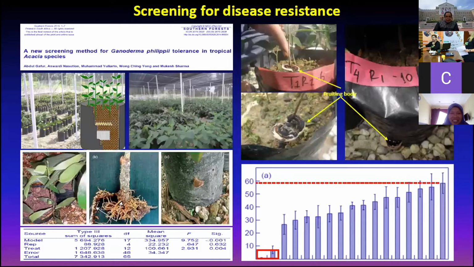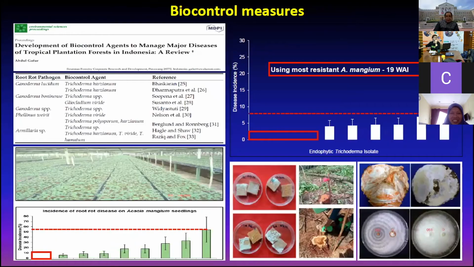And this is one of the control strategies, using screening for resistance. This screening system was developed in Indonesia and it worked in the nursery. And this is biocontrol using Trichoderma, endophytic Trichoderma, Calabiopsis, Serena, and some other wood rot fungi.